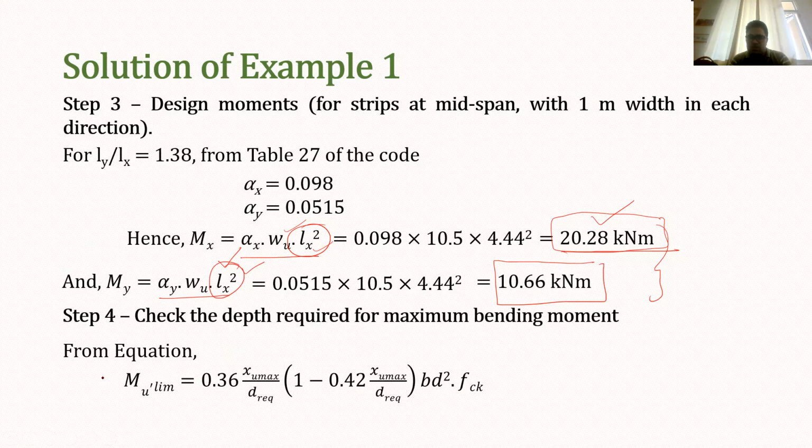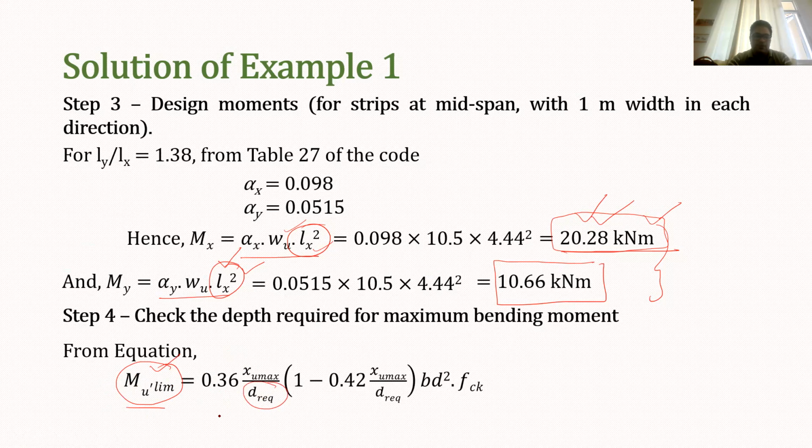As we have done in the previous lecture also, in the one-way slab design, we will first use the equation of balanced section, and here we will put maximum bending moment in place of Mu limiting. We know that this formula is for the balanced section. So here we are assuming that our section is balanced, and in the balanced section, when we have this bending moment, then what will be the D required in our case.